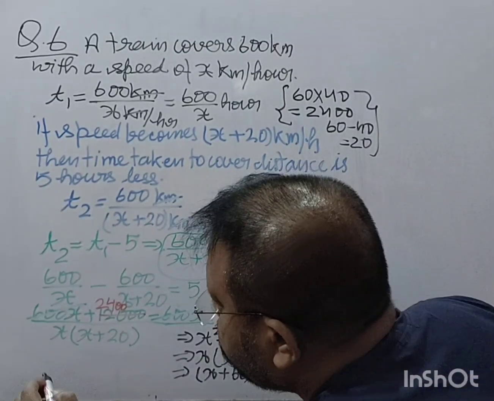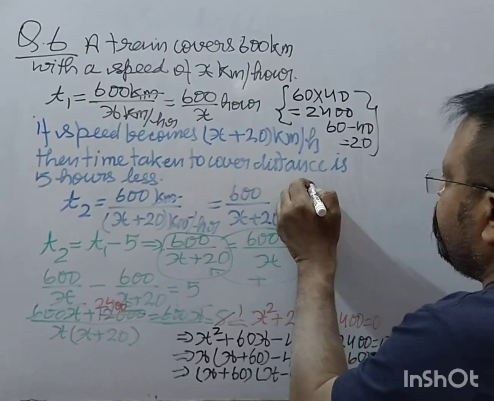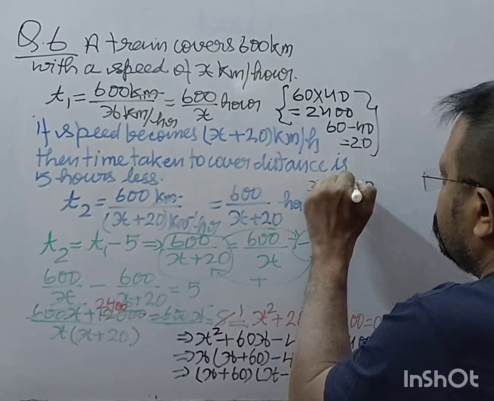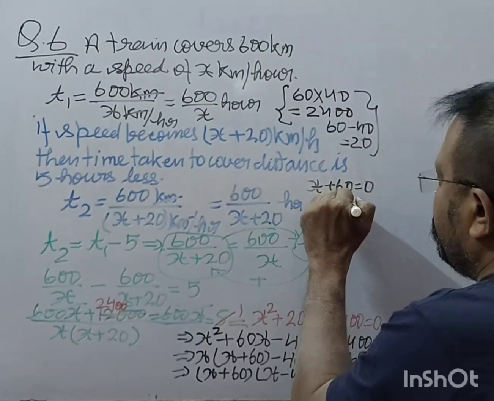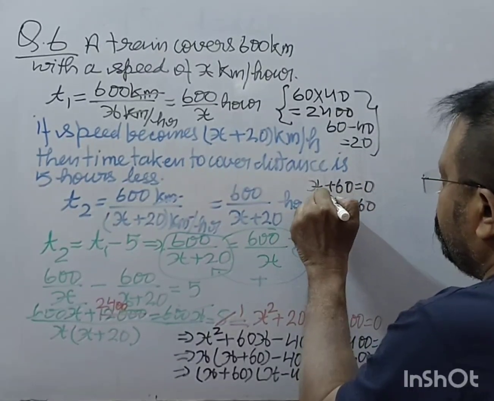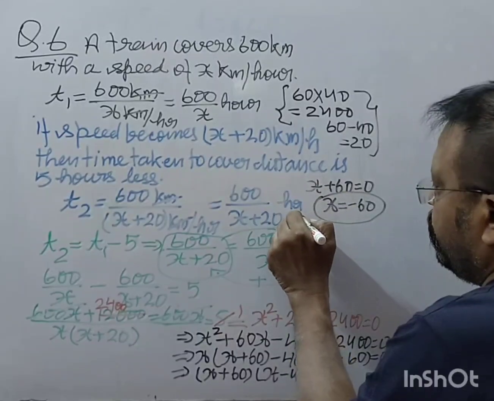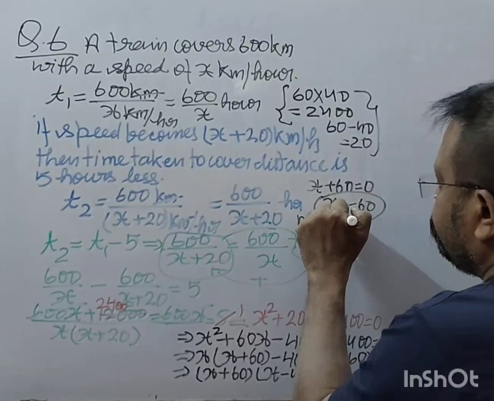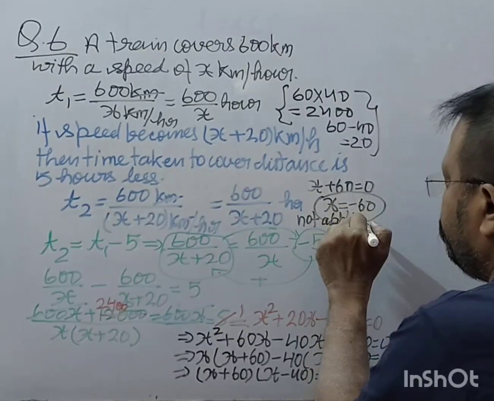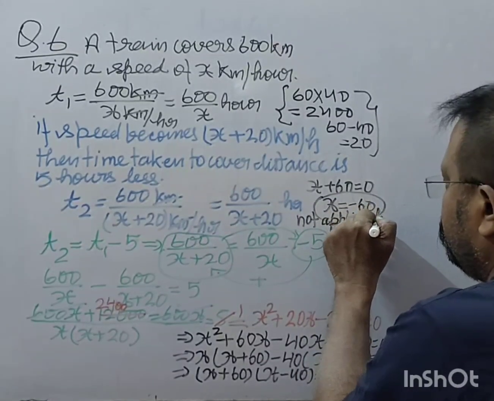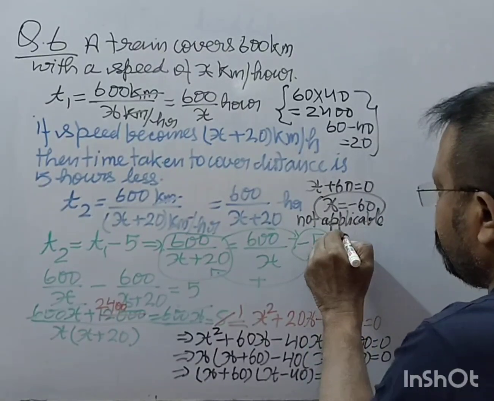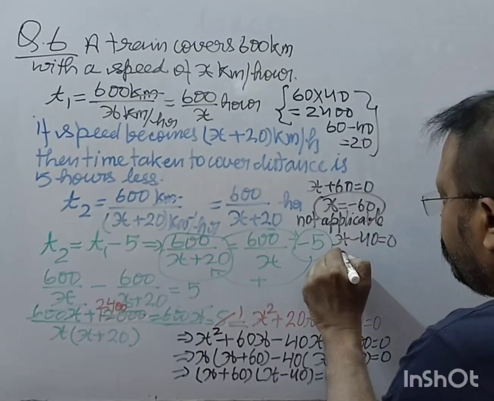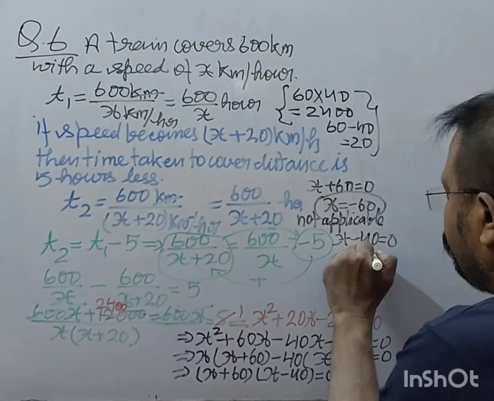Now what we can do, if we take x plus 60 is equal to 0, so x is equal to minus 60. So not applicable. Right? Now we have x minus 40 is equal to 0, so it becomes x is equal to 40.